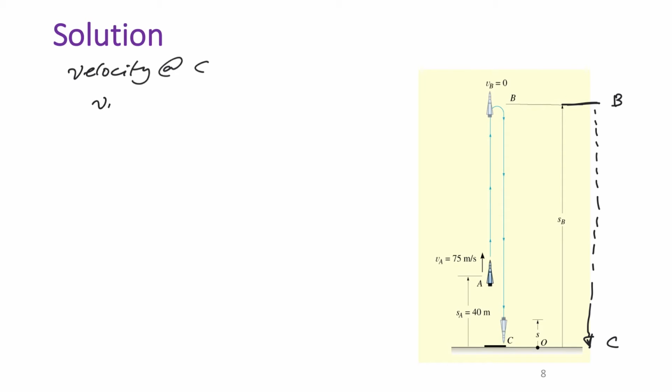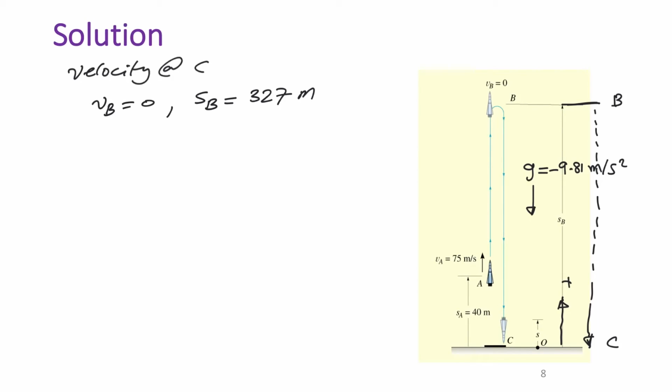We know that VB is equal to 0. We just calculated that SB is equal to 327 meter. We also know that the acceleration, as we discussed before, is going downward, and it is minus 9.81 meter per second square, because it is opposite to the positive direction of the displacement.